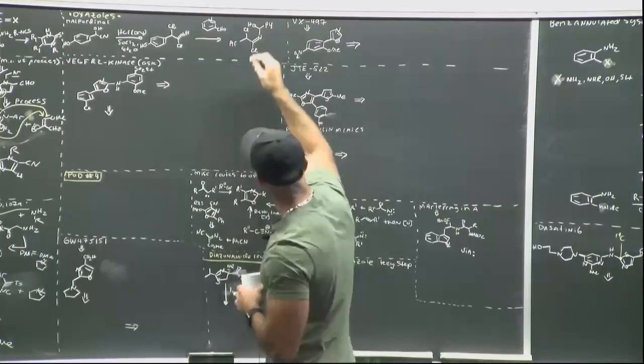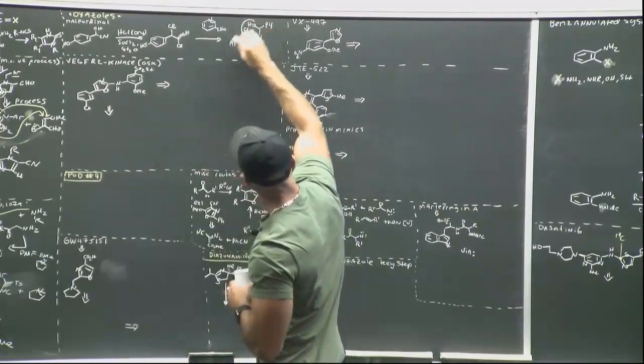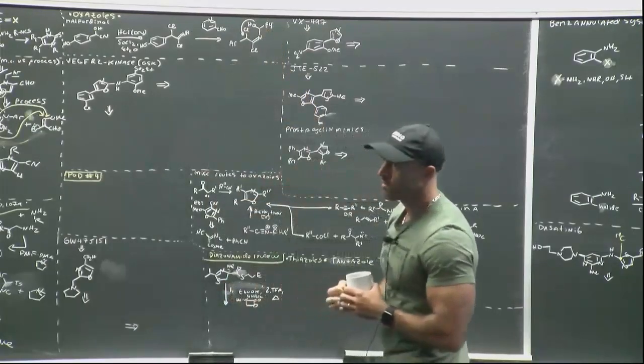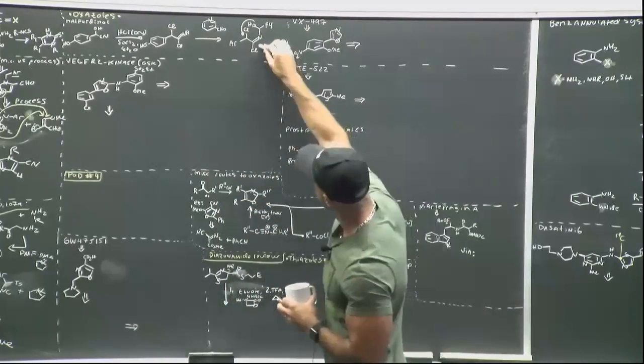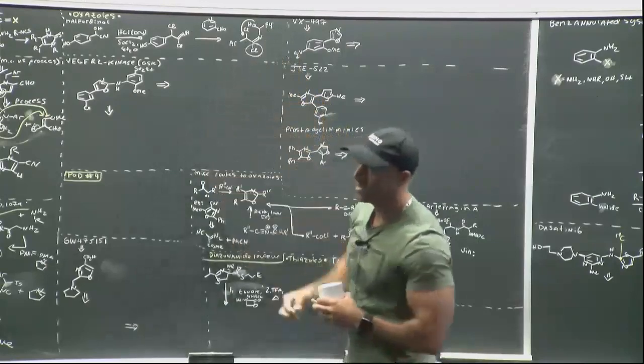You go through the intermediate shown here. It then closes. And the oxidation state you need to make your oxisol, that's hiding right there.